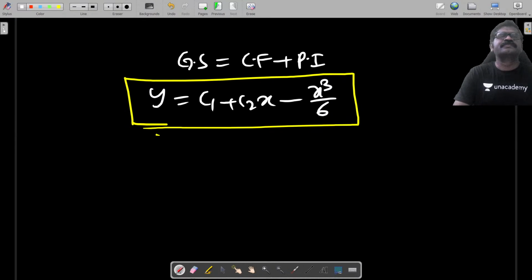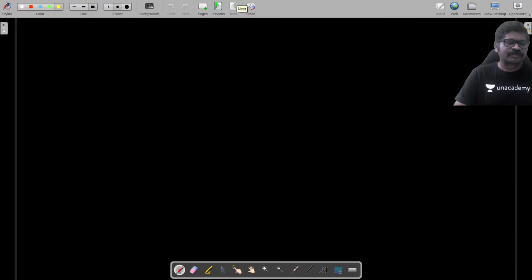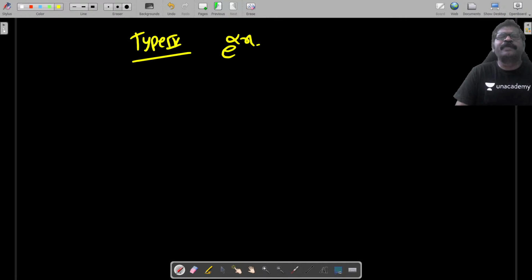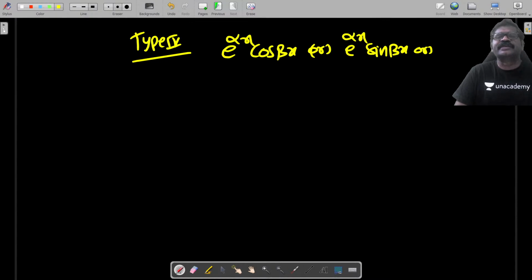Next, type 4. e power alpha x into cos beta x, or e power alpha x into sin beta x, or e power alpha x into x power k form.